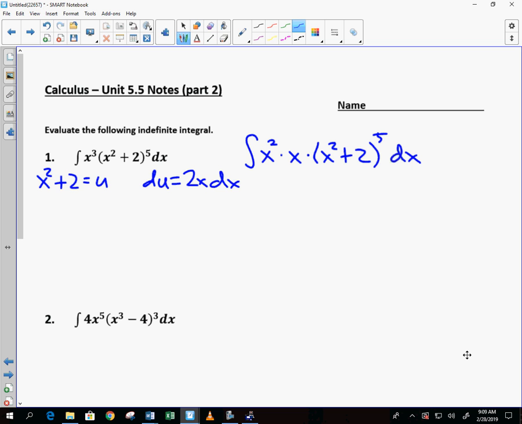You don't have to do that every time. I'm just doing it right now for effect. What do you think? Is that okay? You okay with making that step? I just wrote x cubed as x squared times x. So I have the x, don't I? And in fact, I could take 1/2 du is equal to x dx.